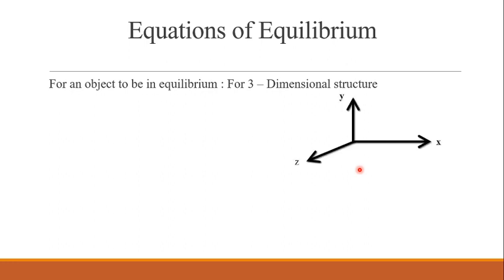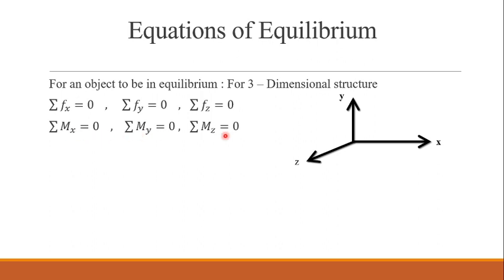For x, y and z, the equations are summation of Fx equal to 0, summation of Fy equal to 0, summation of Fz equal to 0. That means all the forces summation is equal to 0, as well as the movements about all the directions are 0, that is summation of Mx, summation of My and summation of Mz.